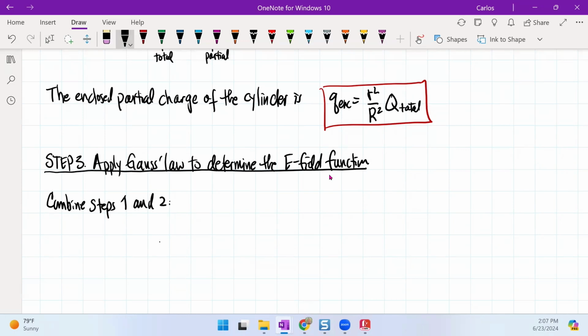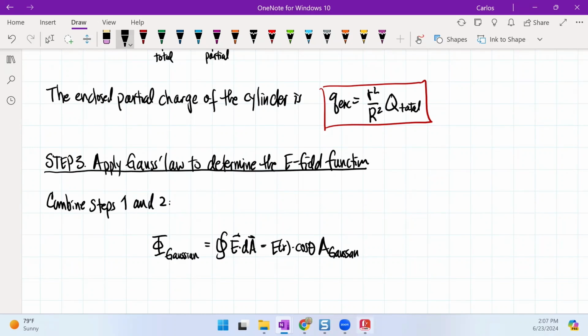We have the flux through the Gaussian, which tells us that we can pull out the electric field, which depends on the area of the Gaussian.